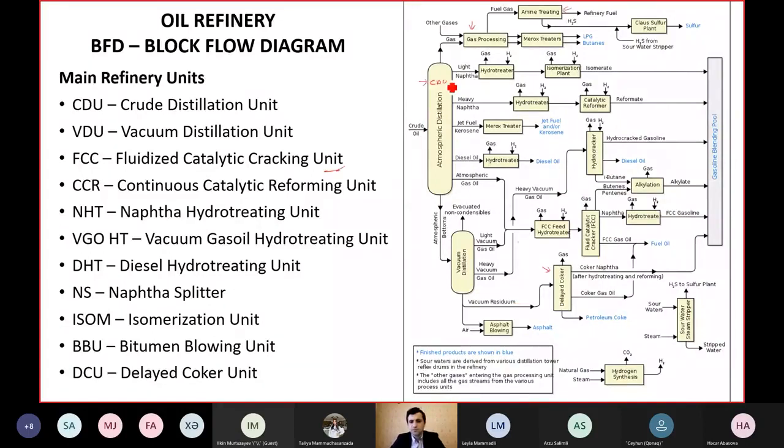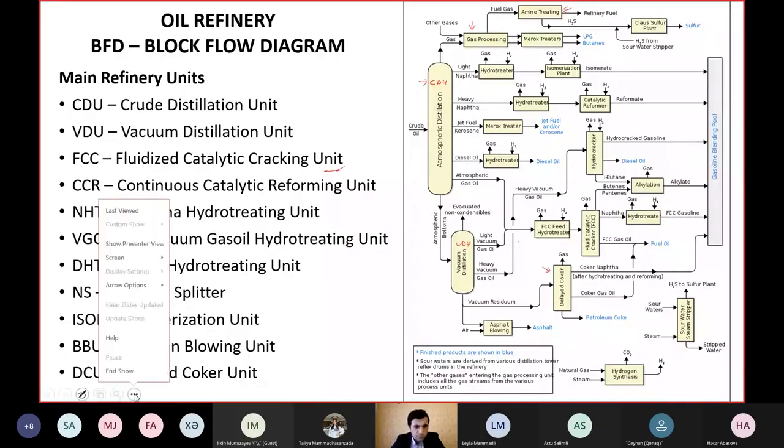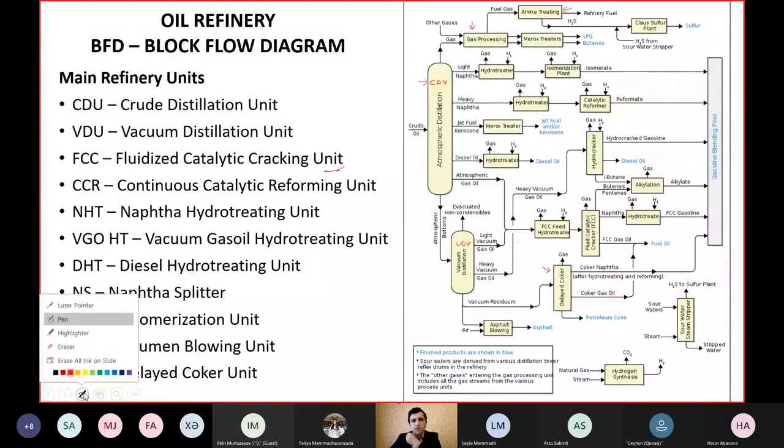This is VDU. Okay, I couldn't make it thicker. And we have VDU, this is VDU. Fluid catalytic cracking unit, this is FCC.